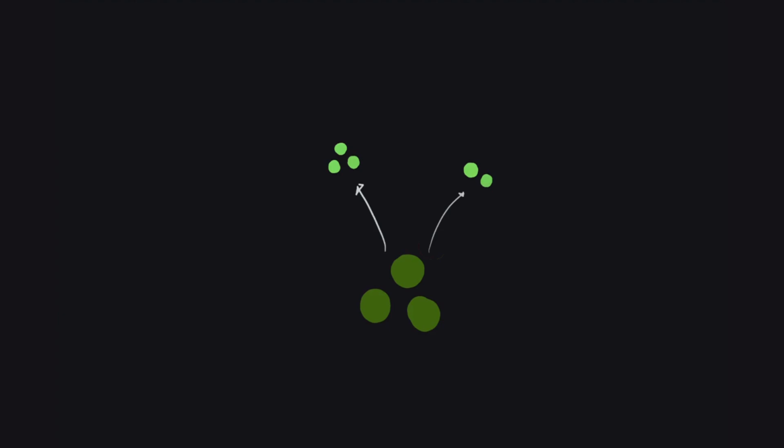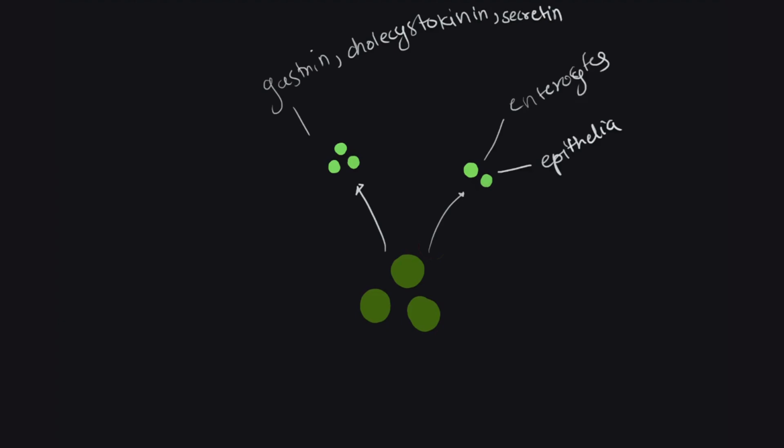They are classified according to their ability to secrete gastrin, cholecystokinin, or secretin. They also act as stem cells, and they can give rise to different enterocytes or epithelial cells of the small intestinal tract.